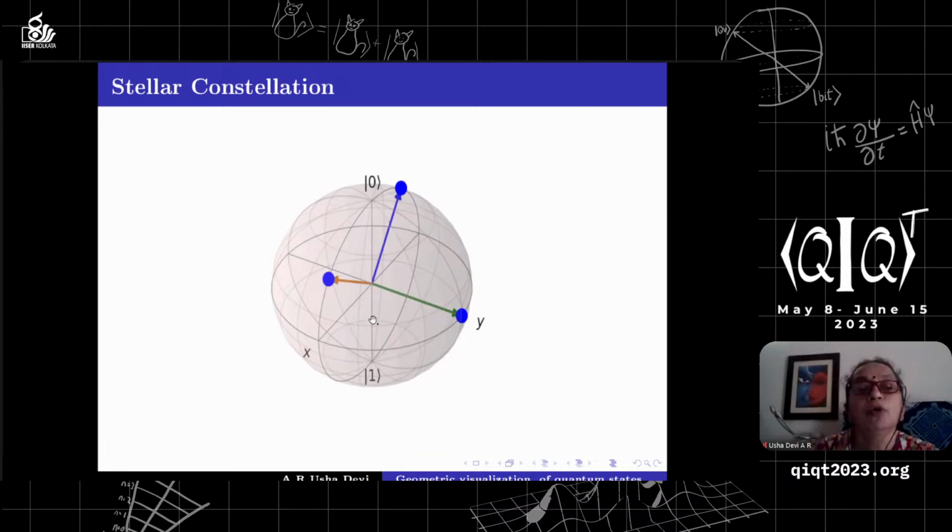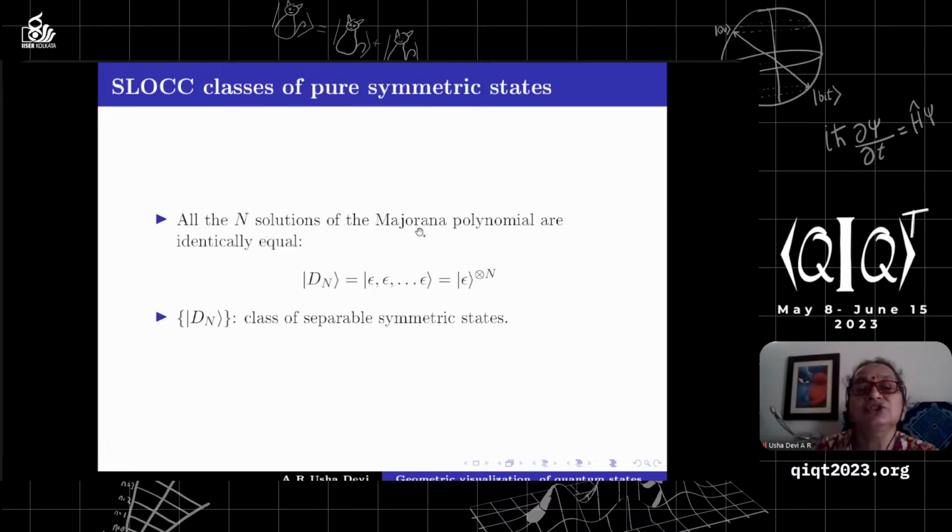And when I come to what are all the n solutions of the Majorana polynomials, or let us say they are all identically equal, I may get z1, z2, zn, but z1 is equal to z2, etc. Then my state is a tensor product of all n spinors. There is no permutation needed for this. This is a separable state.